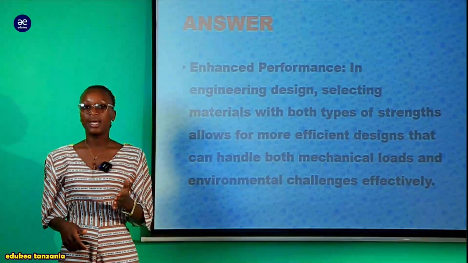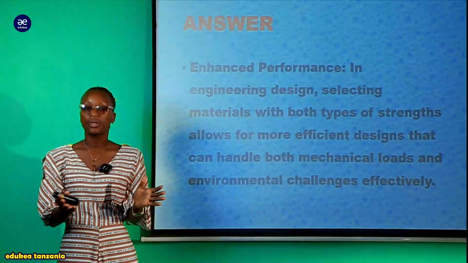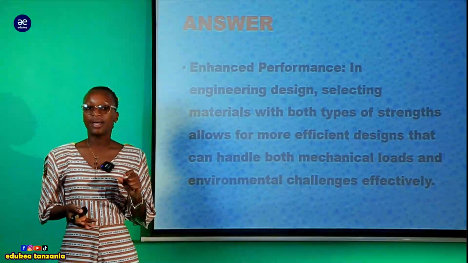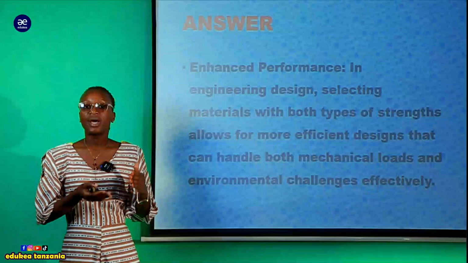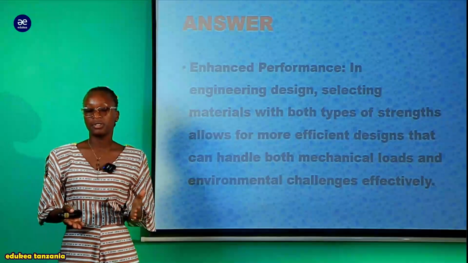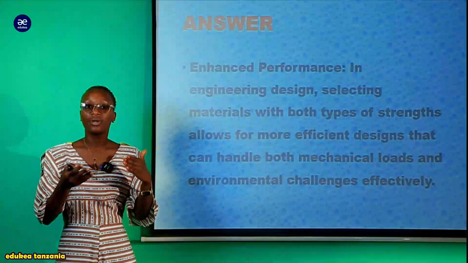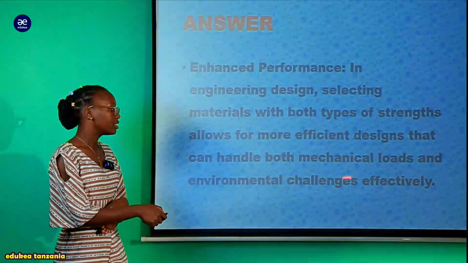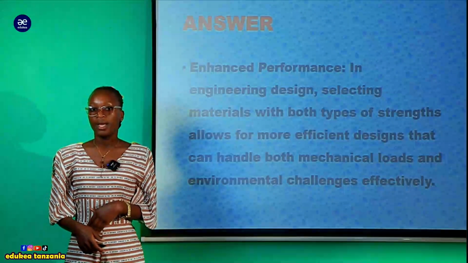Mfano mzuri nitoe ile construction kwenye madaraja, bridges. Kwa hiyo imagine yale madaraja wangekuwa wanatumia material ambayo yana weak chemical and physical strength metals. What will happen? Those bridges, they will not be able to handle these mechanical loads.